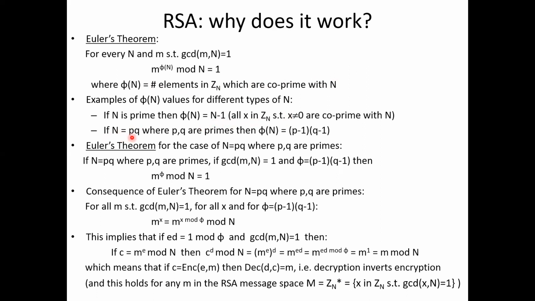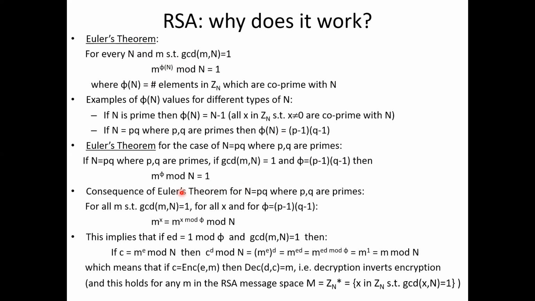If n is an RSA modulus, in other words a product of two primes, then that magic number is p minus 1 times q minus 1, which is exactly how phi is computed in the RSA cryptosystem. It is the case of this general Euler's theorem for n a product of two primes.